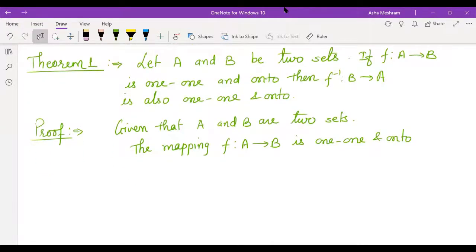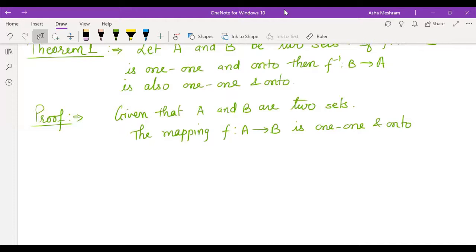Let's just see. First we see what is meant by 1 1 onto, and how this mapping and its inverse exist.